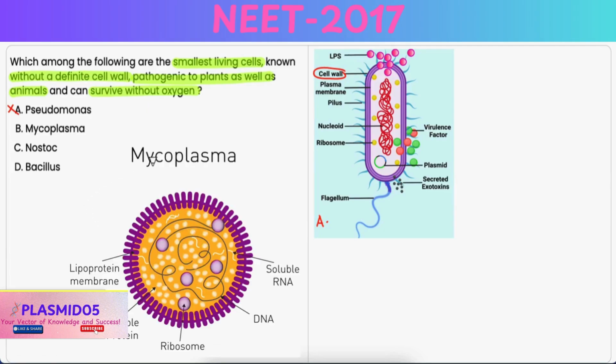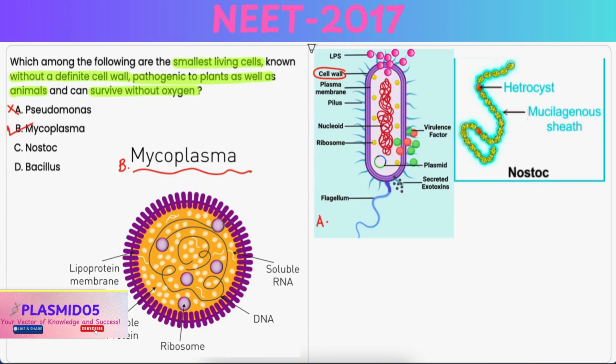Now, mycoplasma are the smallest living cells and they lack a definite cell wall and they are pathogenic to both plants and animals and they can survive in anaerobic, that is oxygen-free conditions. Hence, it is the correct option. Option C, Nostoc. It is also incorrect because nostoc, which is a genus of cyanobacteria, also has a definite cell wall and they perform photosynthesis.